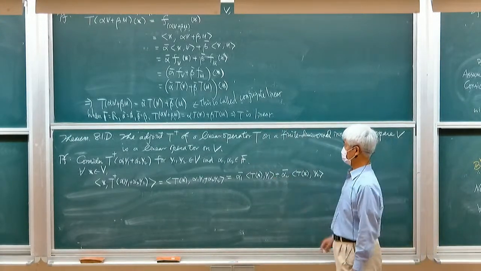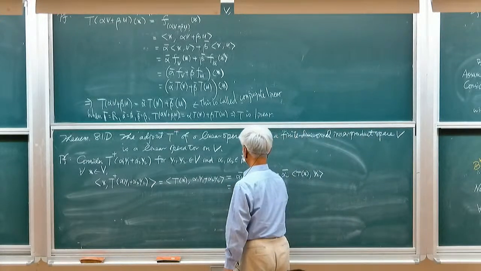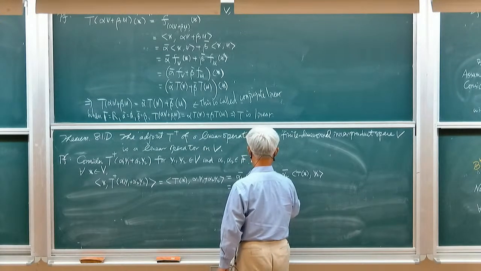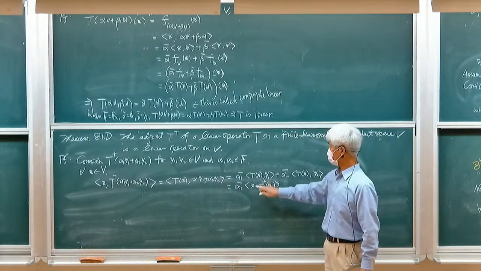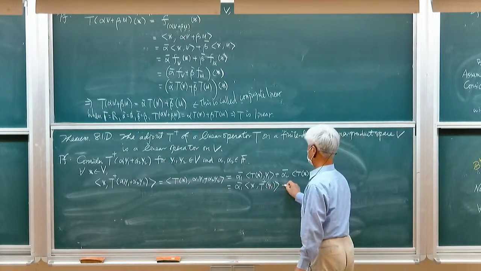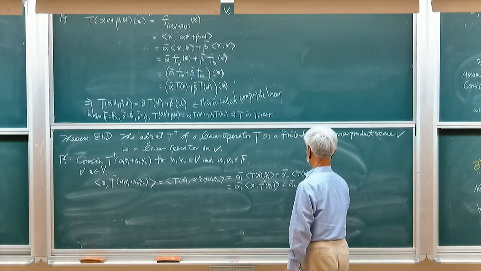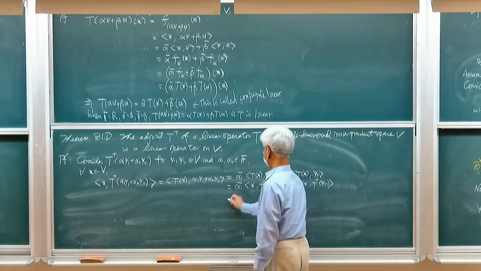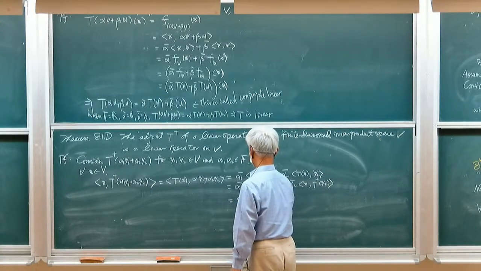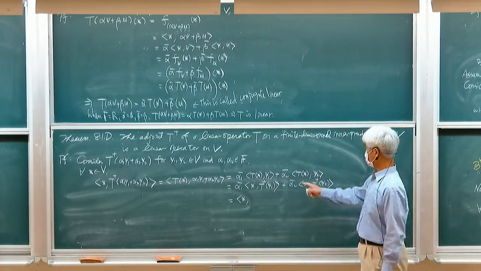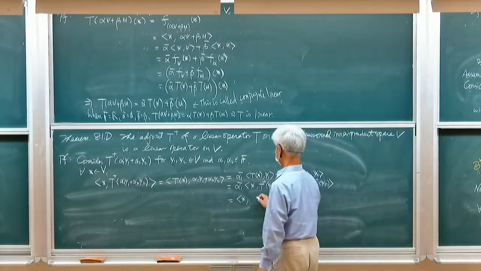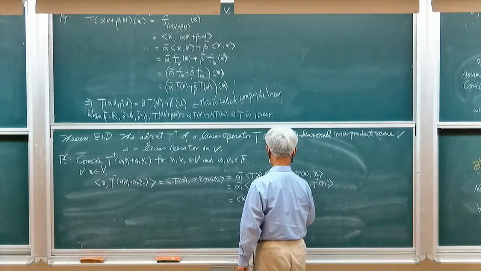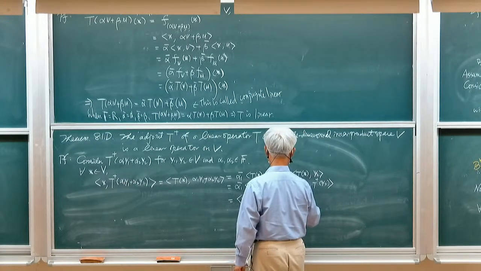Okay, and again, by the functional relationship, this inner product is equal to ⟨x, T dagger y1⟩ and ⟨x, T dagger y2⟩. Okay, and so again, we absorb the coefficient into the second argument. So we have ⟨x, alpha 1 T dagger y1 plus alpha 2 T dagger y2⟩.